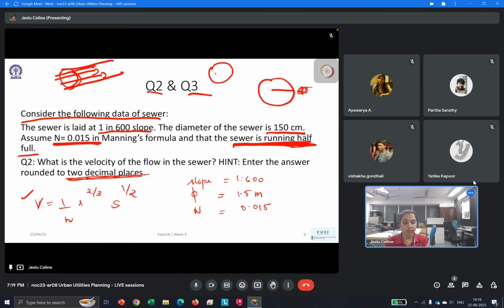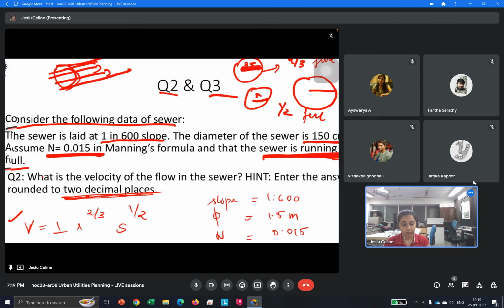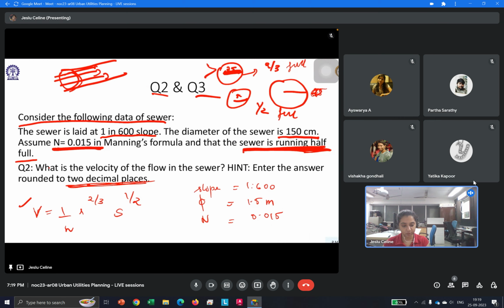If the diameter is less than 75, we assume that the sewer is around two-third full. And if the diameter is more than 75, we assume it is flowing only half full.